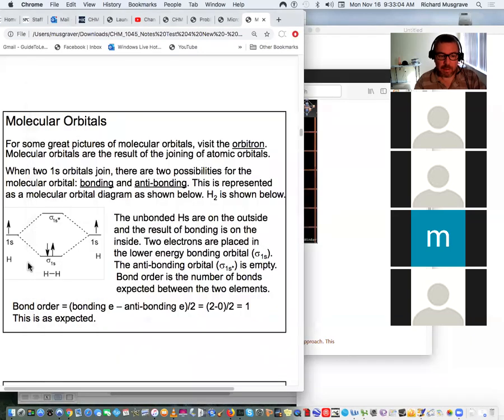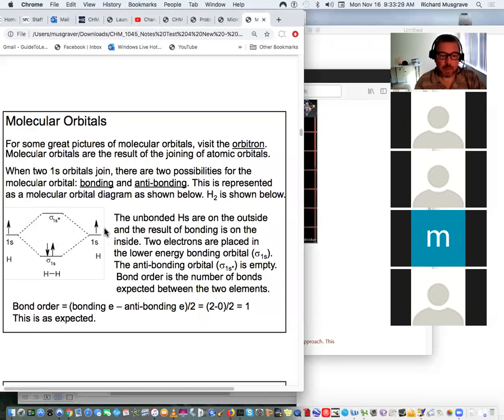So what we get is this kind of situation with the molecular orbital, where we have the 1s and the 1s, so these are the two hydrogen atoms that are separate. And then when they join together, we've got two possibilities. We've got the sigma 1s, which is the bonding situation I showed you first, and the sigma 1s star, which is the antibonding situation.